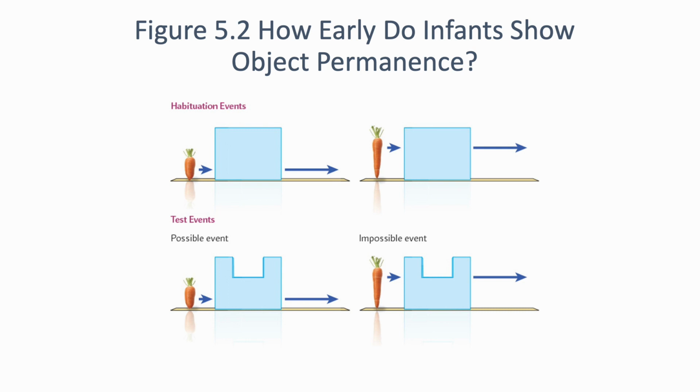For babies to be more interested in the possible event, it shows that they know the object should be there. Because they look longer at the impossible event, it indicates surprise or that they had object permanence.